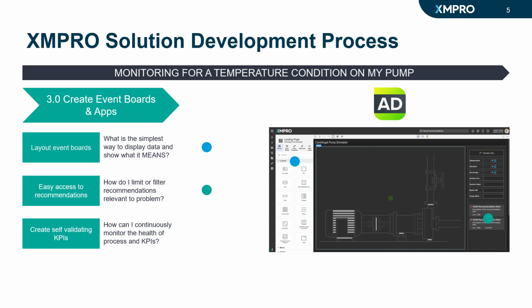How do you limit and filter recommendations? In this instance, this is on a particular pump. We don't want recommendations for my entire assembly plant, my entire production line, my entire facility, so you can actually filter that information out from here as well. But also, if you want to, how do you continuously monitor health and process and KPIs as well from an event board perspective?